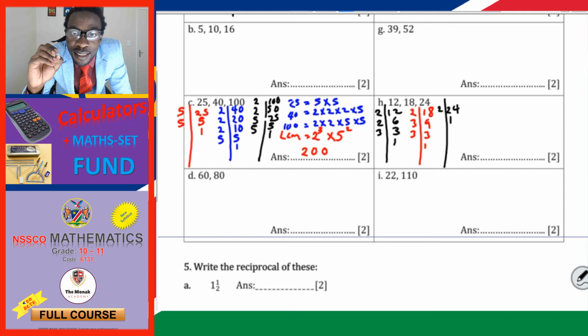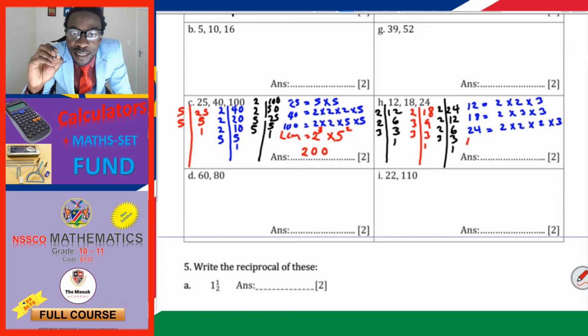Start with 2, 12, 2, 6, 2, 3, 3, 1. We rewrite 12 is 2 times 2 times 3. 18 is 2 times 3 times 3. And then 24 is 2 times 2 times 2 times 3.